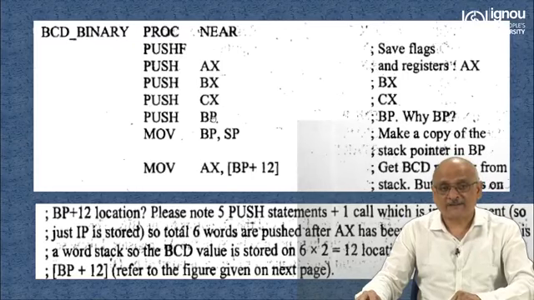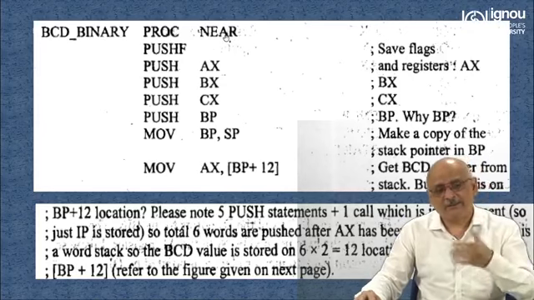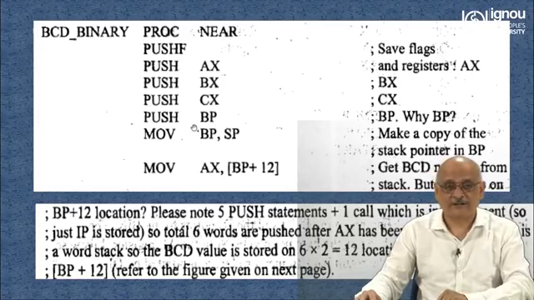Therefore, all these registers will be pushed before we perform any operation within the procedure. The first few statements will be pushing all those registers which will be dealt with, destroyed, or changed by this procedure. So 1, 2, 3, 4, 5, the 5 registers we have pushed.